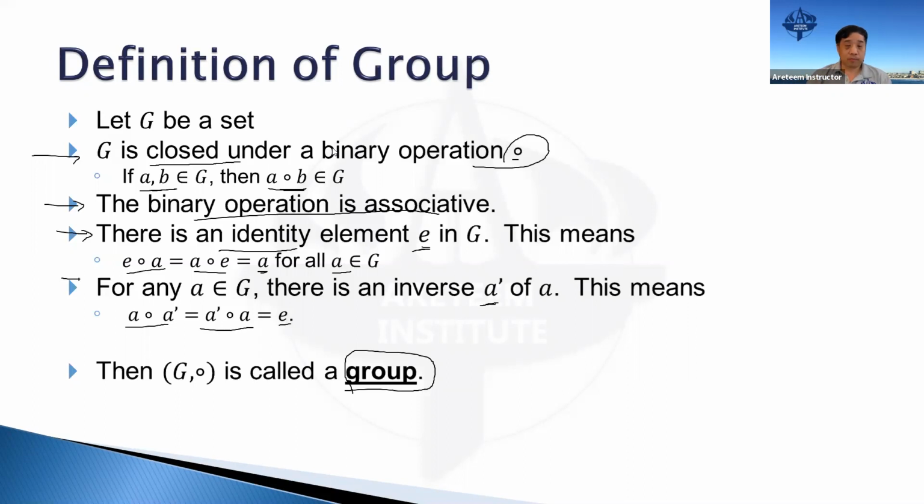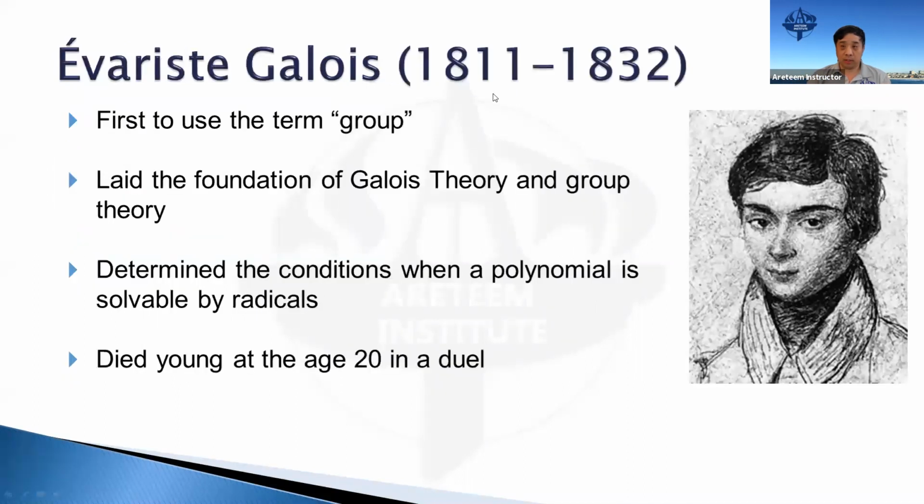In fact, in the history, at the beginning of this, not many people saw the use, or not many people even understood this. All right, so let's see who invented these things. So that's this guy, Galois.